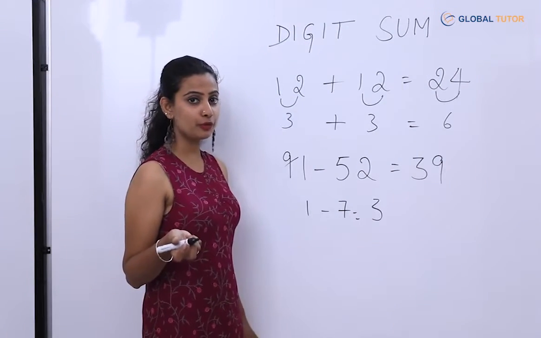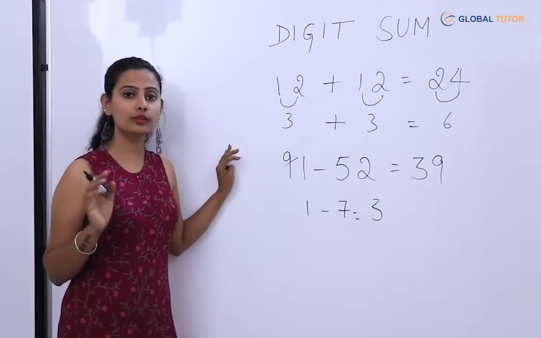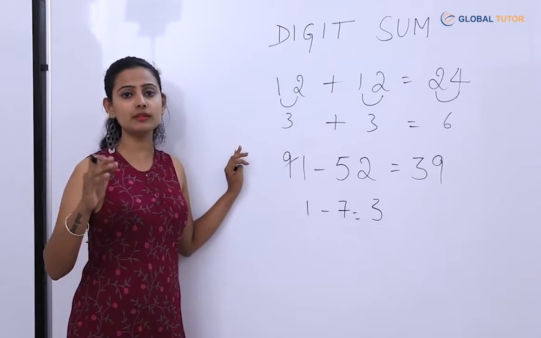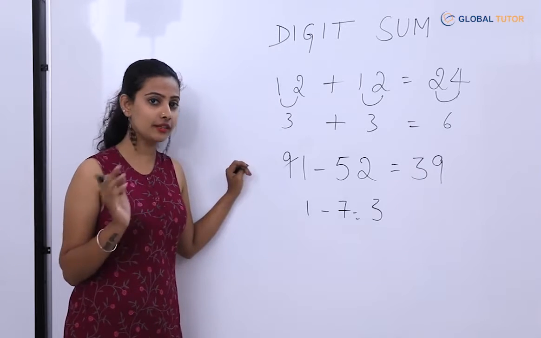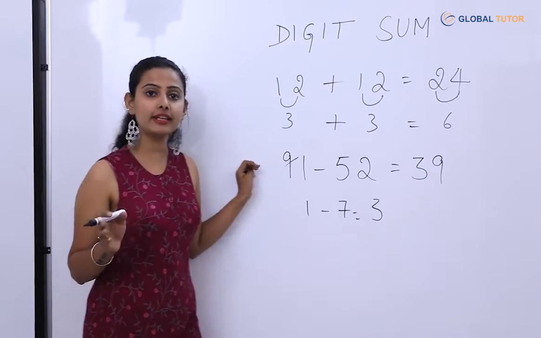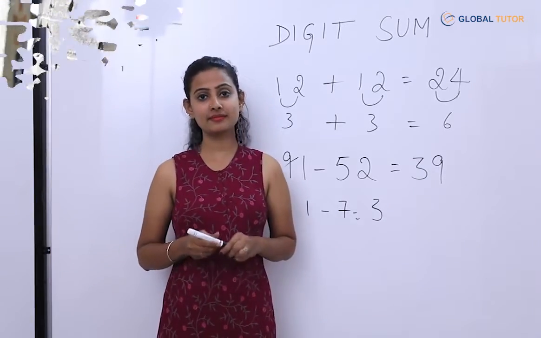As I've told you before, the digit sum rule only gives you a check on the possible answer. It does not give you the answer. So you have to be very careful when you are applying this. So friends, in today's episode, we have learnt about digit sum in two different parts, where we can apply it on multiplication, addition, subtraction and division.